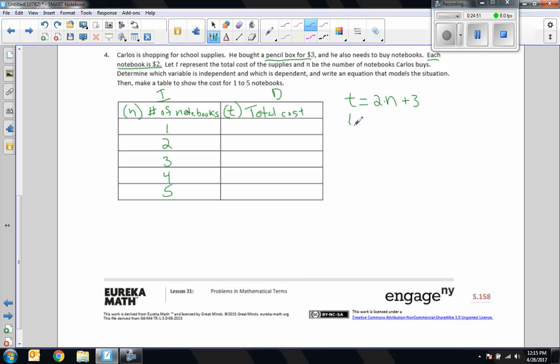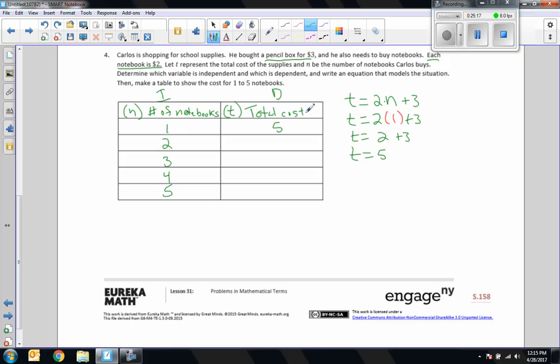So that means T depends on how many notebooks you buy. The total cost depends on how much you purchase. So if I replace N with my independent variable of 1, then 2 times 1 is 2. 2 plus 3 is 5.